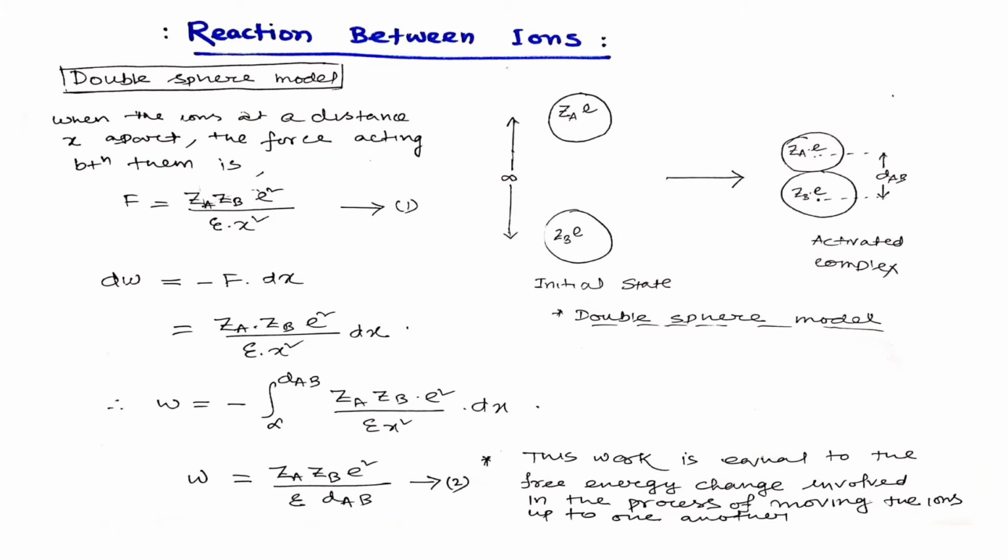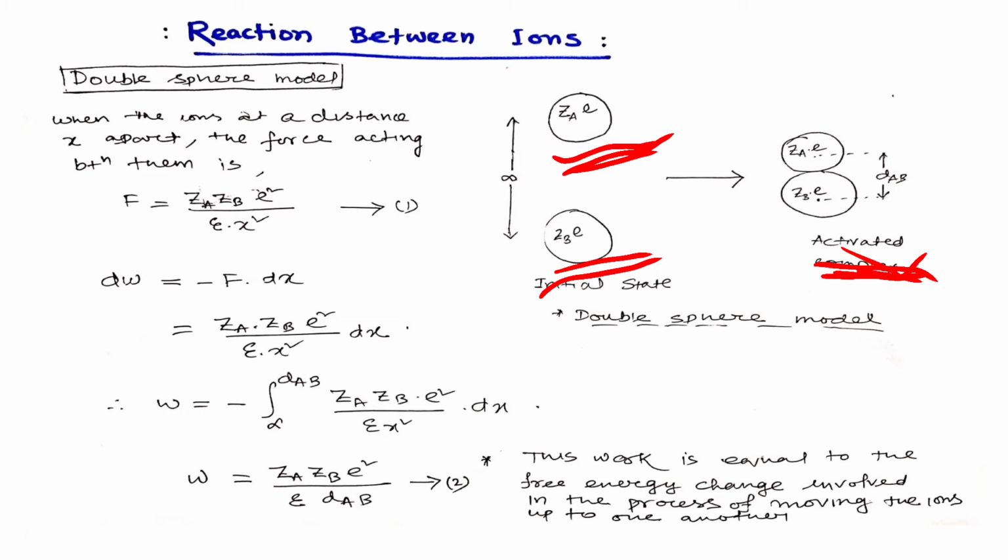In this case, two ions, and we are not discussing the charges first, approach each other from infinity initially, and then, according to the activated complex, at the final state they collide with each other. Here they just approach each other.